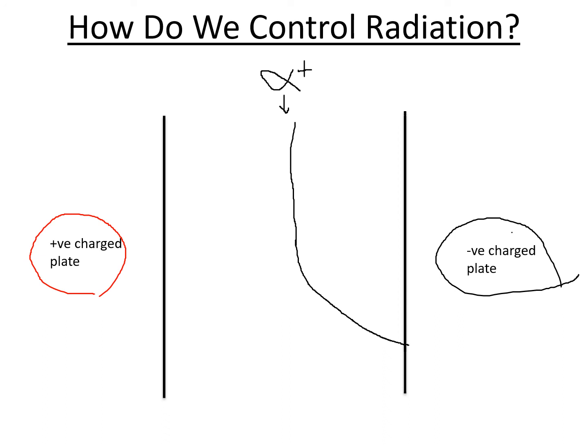How do you think a beta particle would travel? Let's just put the beta particle at the bottom because that's where I can fit it in. Now remember the beta particle is negatively charged, so what do you think is going to happen when it goes in between these two plates? Well, the alpha particle was positively charged and it was attracted to the negative plate, so logically the beta particle is negatively charged, so it should go towards the positive plate.